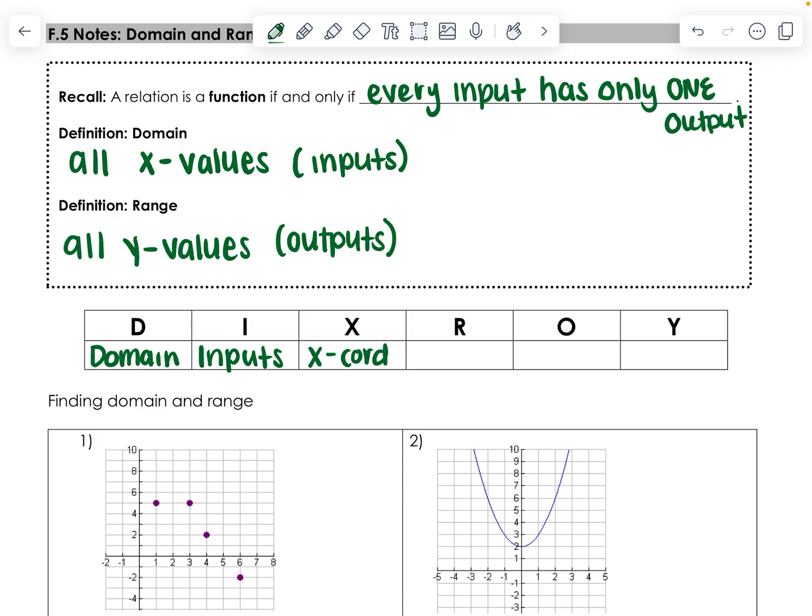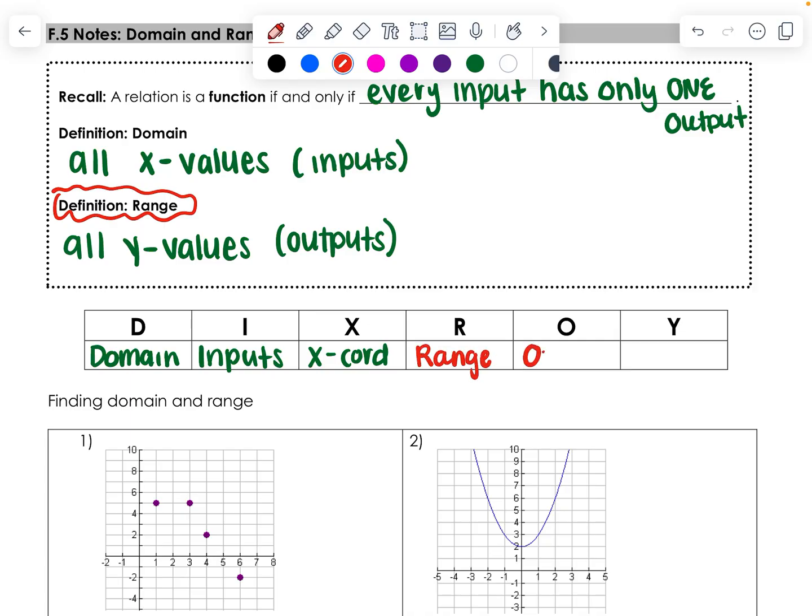So our domain, input, and x coordinates all go together. Those are all referring to the same thing. And then we have outputs or range, which corresponds to our y coordinates of our points or our function.